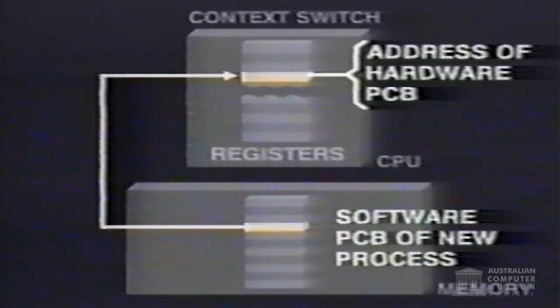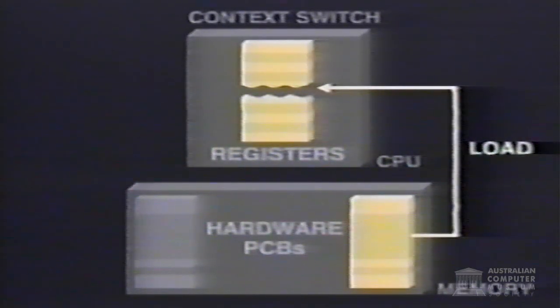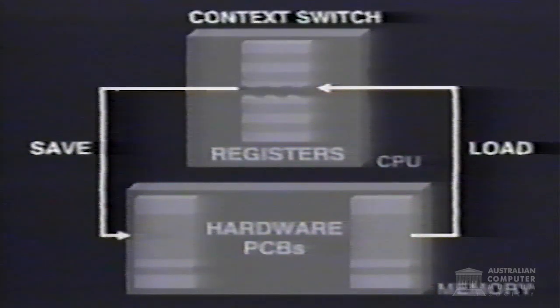Because the scheduler now knows where to locate the hardware context of the new process, it can execute instructions to load the hardware context to the processor registers. When these instructions have been executed, the context switch is complete. So whenever the execution of one process is interrupted and another process begins execution, a context switch occurs. A save of the contents of the CPU's registers occurs, followed by a load of the hardware context of the new process.